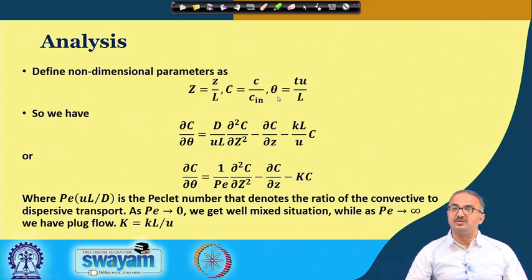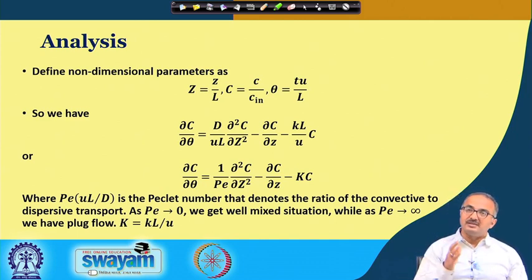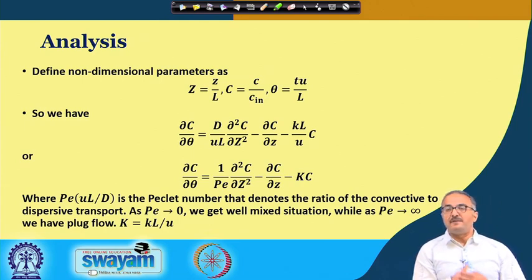However, theta is not normalized. Theta will start from 0 and keep on increasing, that is, we can keep extending our time into the future. Since time is an independent variable, we are not bothered about its normalization.